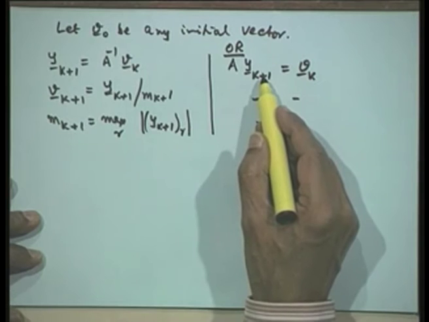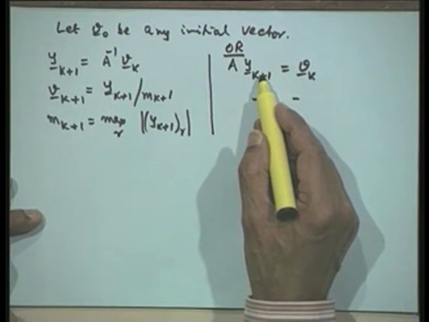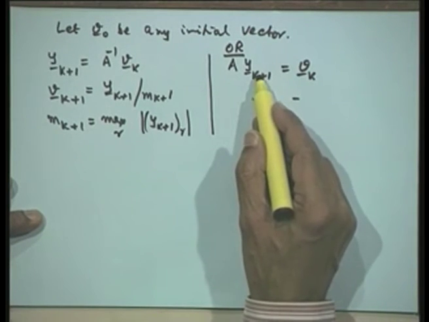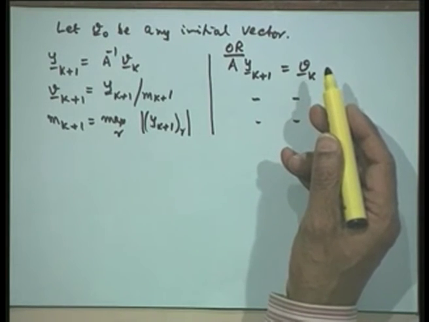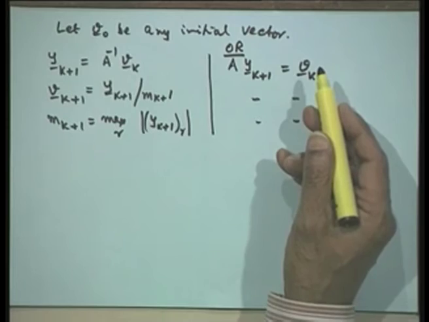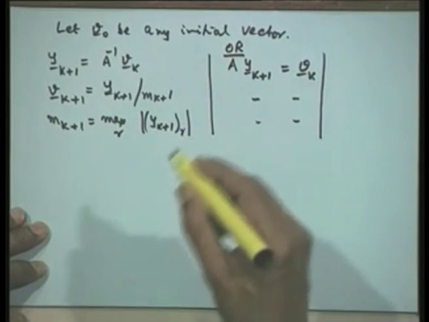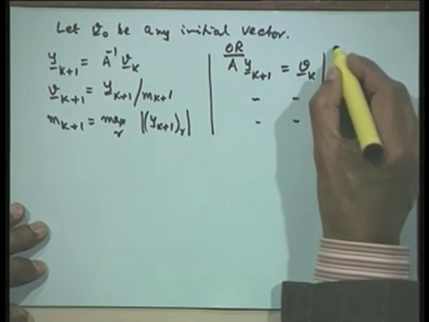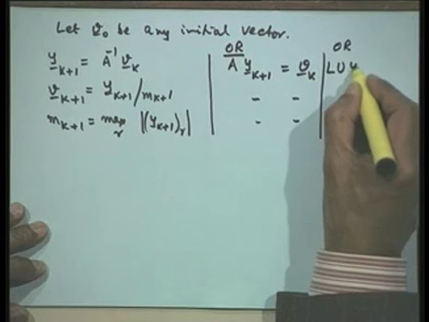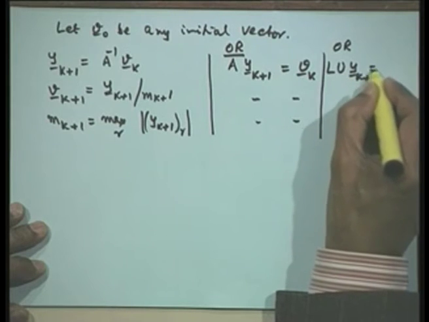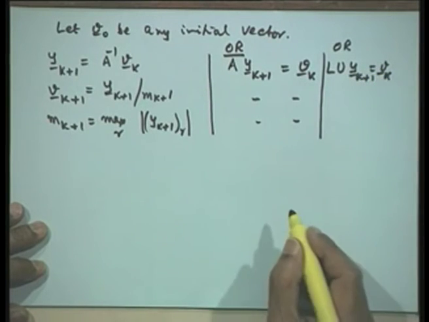Now what has this become? This has become a linear system of algebraic equations, A y equals the right hand side. You can use any one of Gauss elimination or LU decomposition or any method. Since you are iterating a number of times, the best way is to take A as L into U, so L U y equals V k.